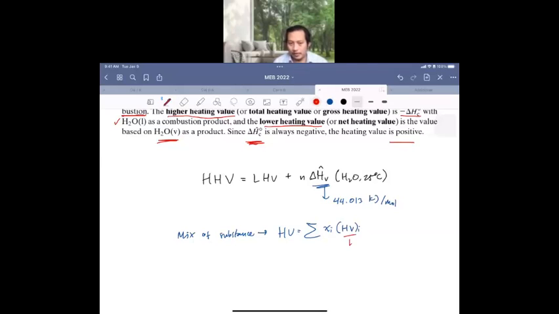This is the heating value of the i-th component or combustible substance, and x is the mass fraction of the fuel components.